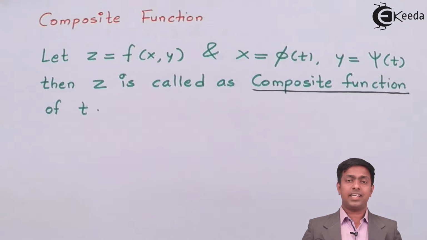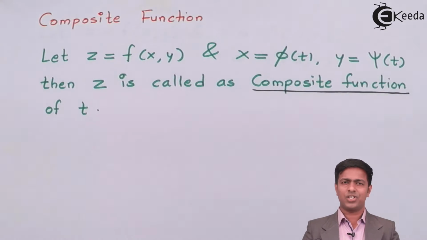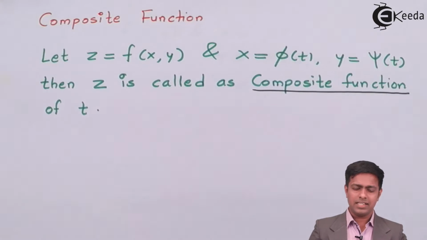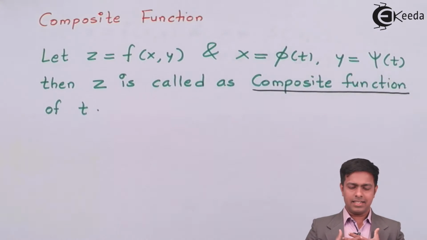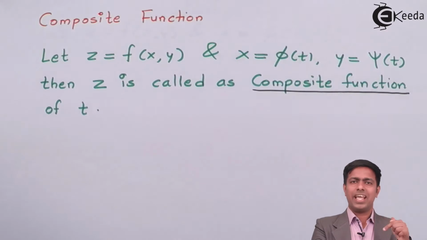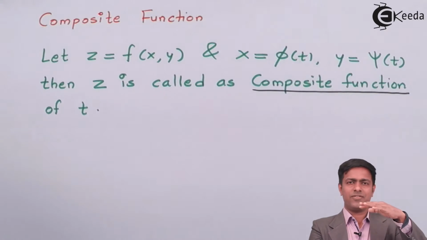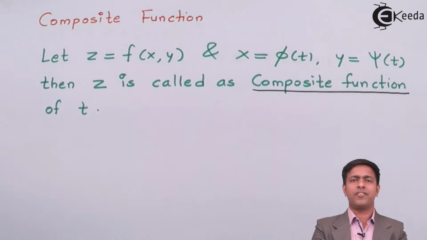So x and y are functions of t and z is a function of x and y. So z is related with t through x and y.